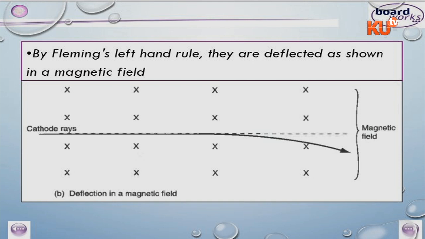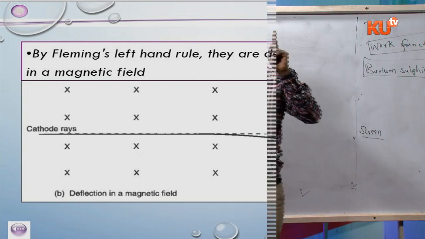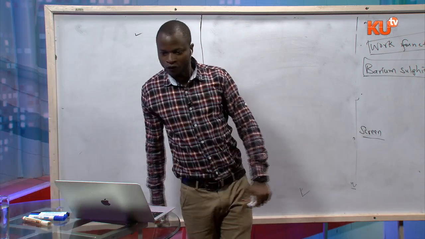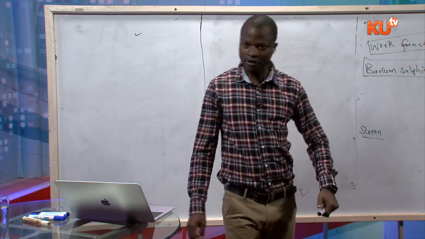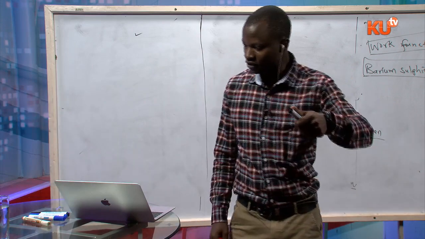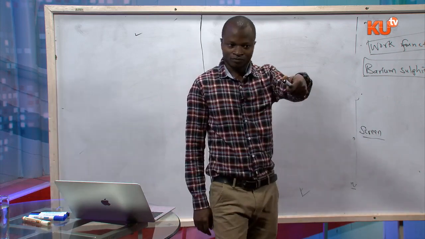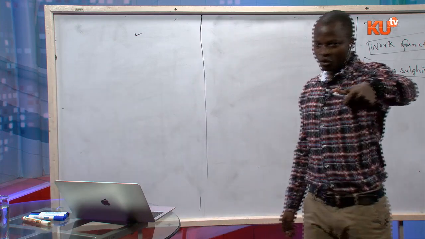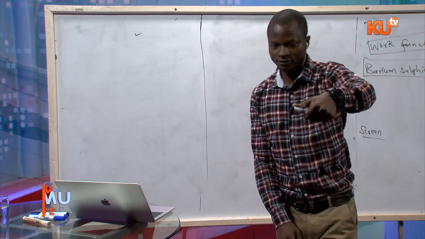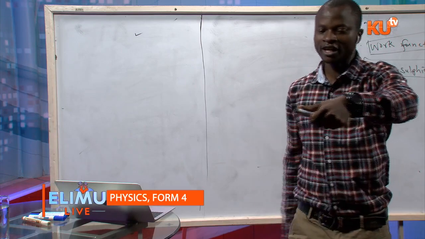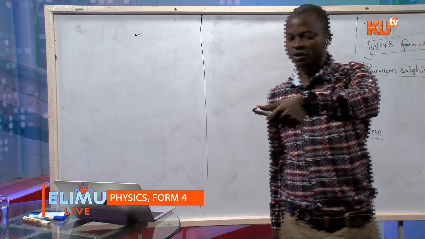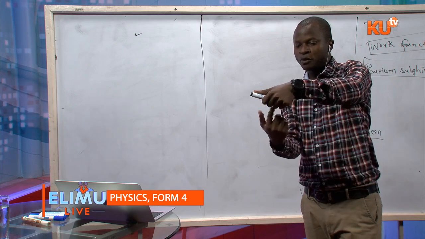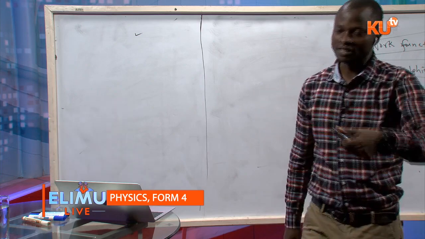Now I take away the first one, go back and revise and state Fleming's left-hand rule. So if you hold a conductor in your left hand like this, this is my conductor, I'm holding it in my left hand, such that the thumb is pointing in the direction of motion. The fingers will always point in the direction of field.